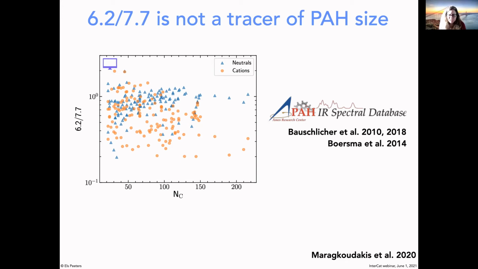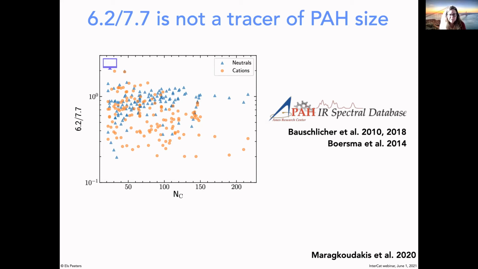And so one of the reasons is because those two bands are very close to each other, and so they are intrinsically already less sensitive to PAH size. And the other reason is that the PAH structure comes a little bit into play on how these molecules emit in this region.